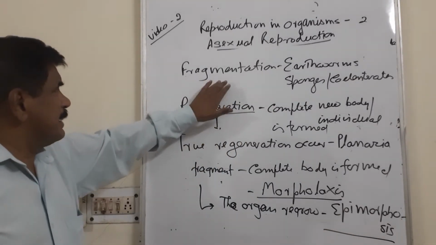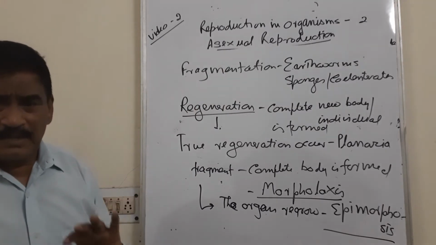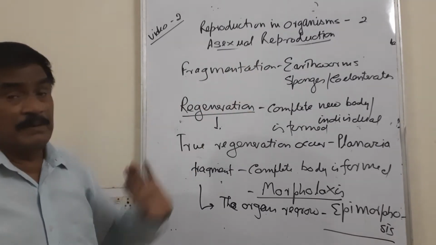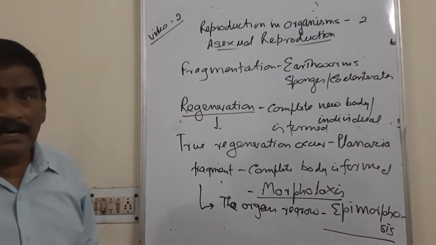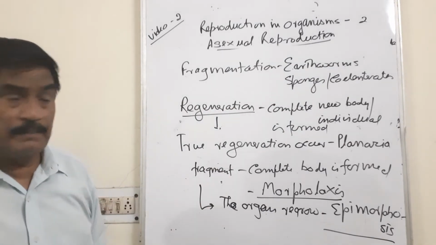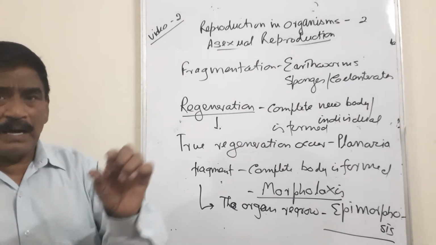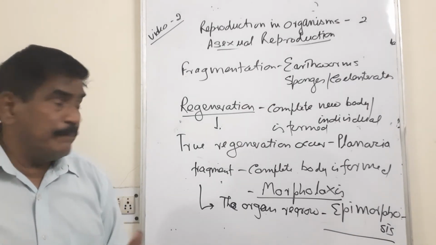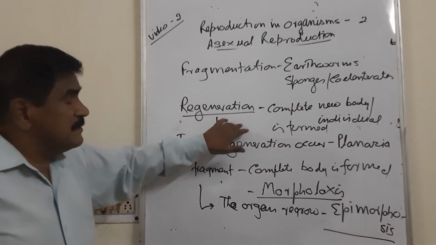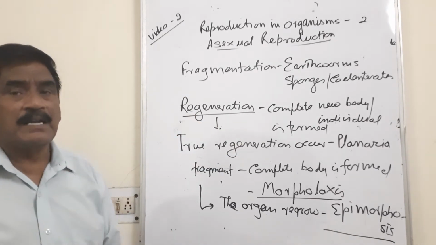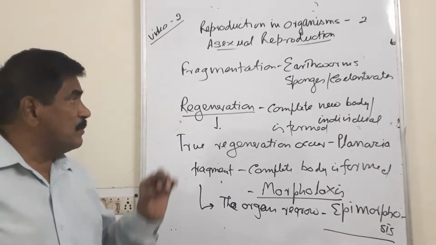So fragmentation and regeneration are nearly similar. When fragments of the body are formed, say an earthworm is cut into 2 parts, each part develops into a new earthworm. Say hydra is cut into 2 or 3 parts, each part develops into a new hydra. Regeneration is when the complete body is formed from a small part of the body.